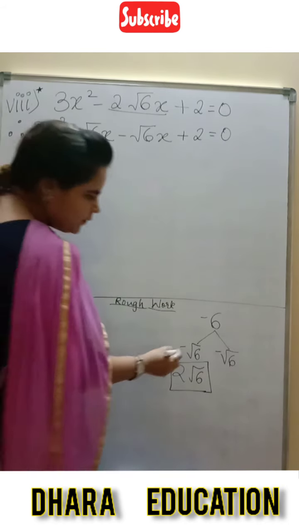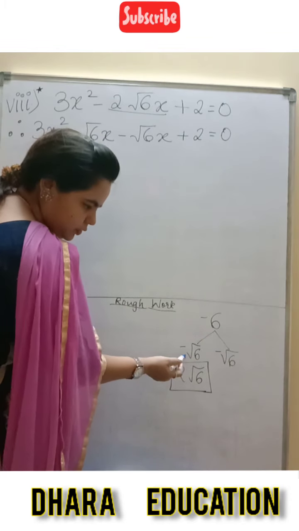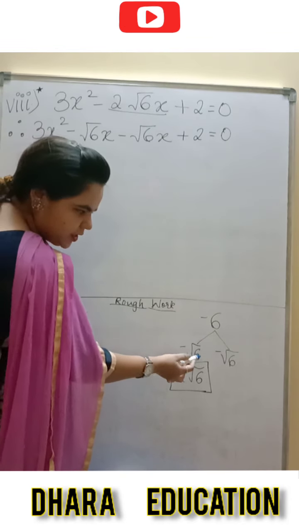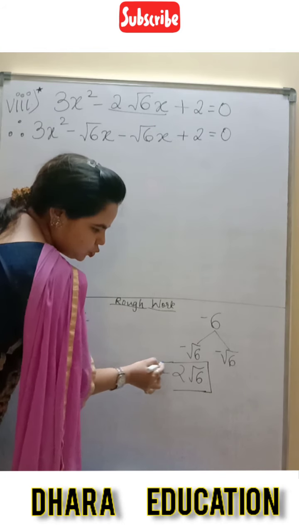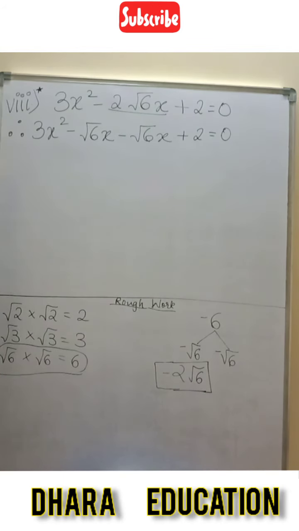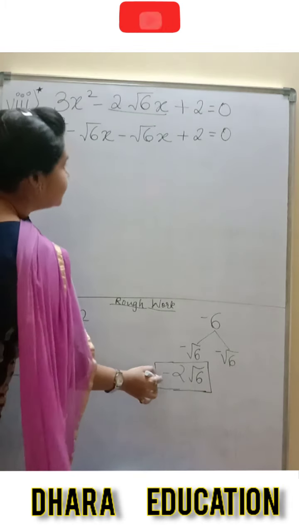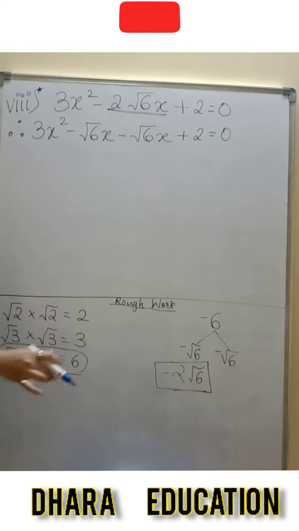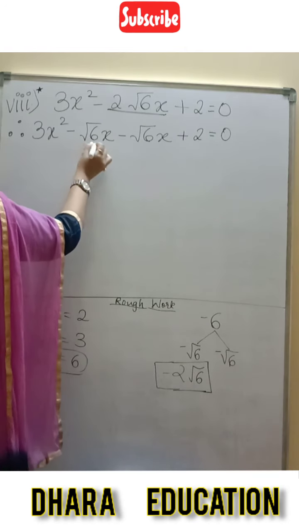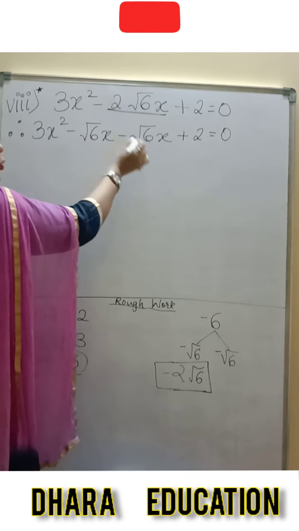So when we say minus root 6, it will act as minus 2 root 6. That is the middle term which is fulfilling, and that is the only reason we have taken minus root 6x minus root 6x.